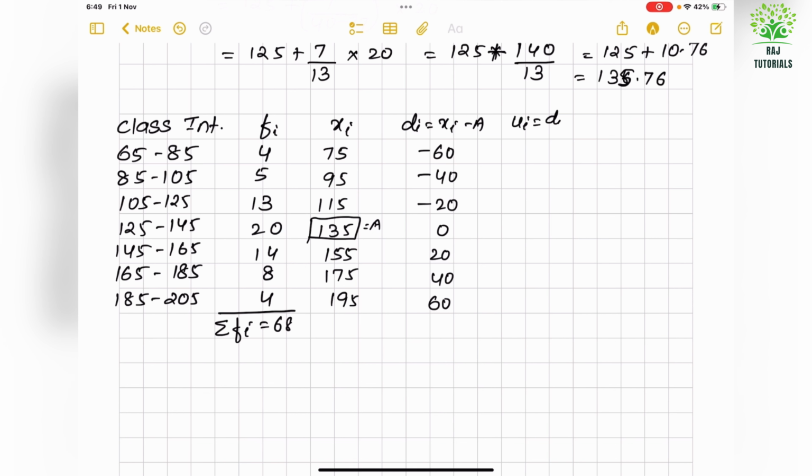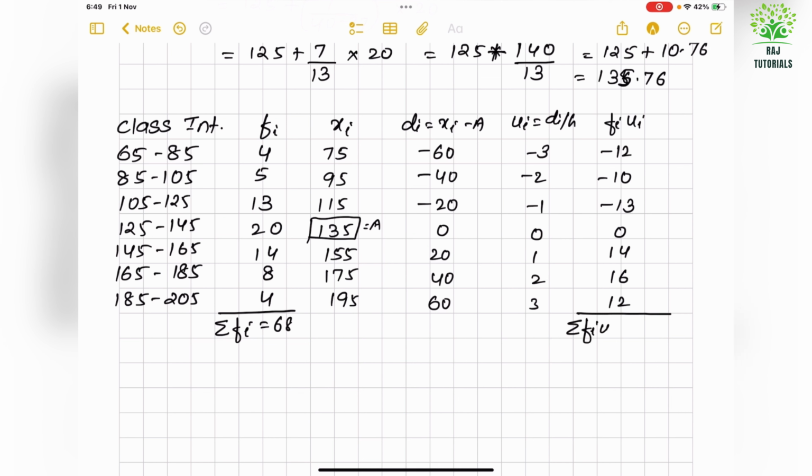So ui will be di by h, so divide by 20: minus 3, minus 2, minus 1, 0, 1, 2, 3. So fiui: minus 12, minus 10, minus 13, 0, 14, 16 and 12.